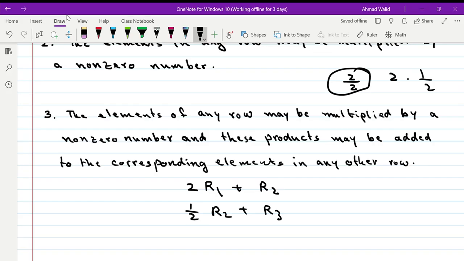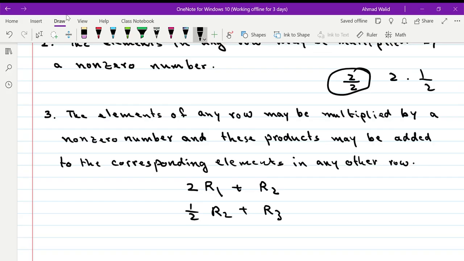This rule is actually the elimination method of the system of linear equations. You multiply an equation with a number to make the coefficients equal to each other, right? Why we make the coefficients equal and opposite in sign, I explained to you, because we want to eliminate that variable. It means change it to 0. We use this operation to do that, correct?